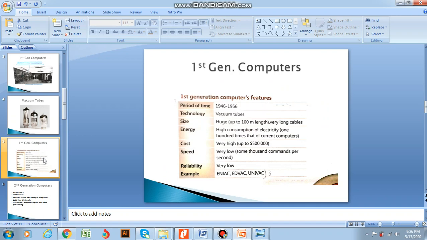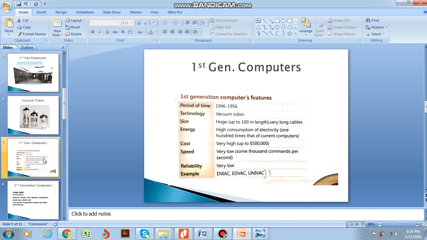You can imagine that if they are taking up a huge room, how much energy they would be requiring. Cost was very high, speed was very low because they were the first generation computers at the very start. Reliability was very low because, as I have already told you, the vacuum tubes were very unreliable. And examples are ENIAC, EDVAC, and UNIVAC.